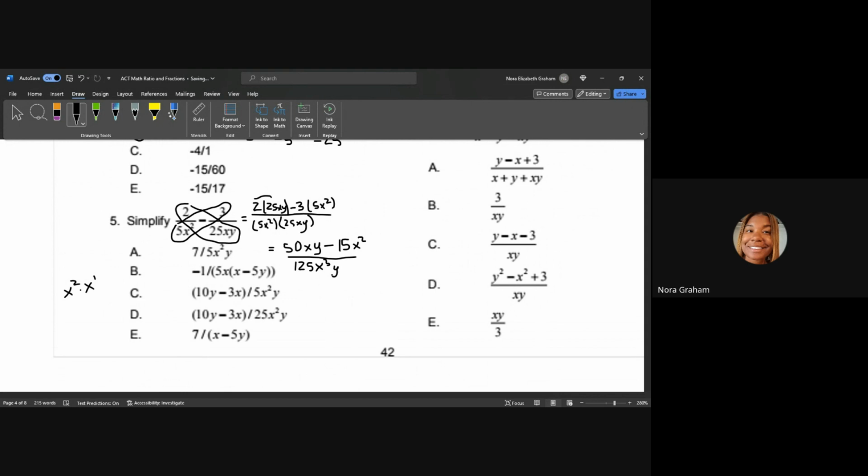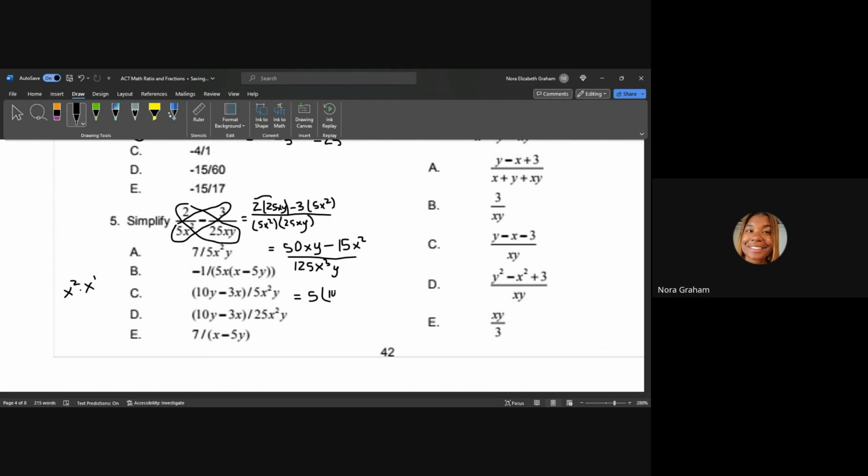So now we're going to use a little bit of factoring. I want to see what I can pull out of my top expression. 50 and 5 have 5 in common. And I can also pull out an x for my expression because there's an x in here and there's an x with this term. So if I pull out 5, and again, if you're not comfortable with factoring, we are going to have a whole chapter on factoring. 5.